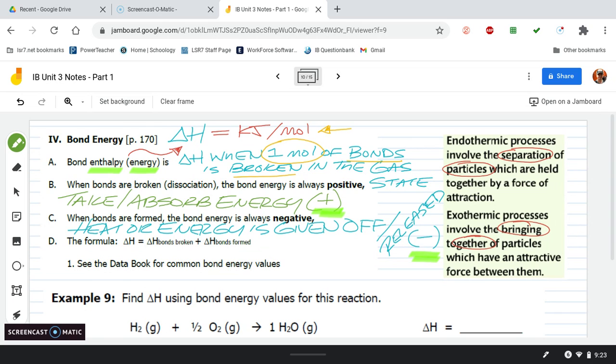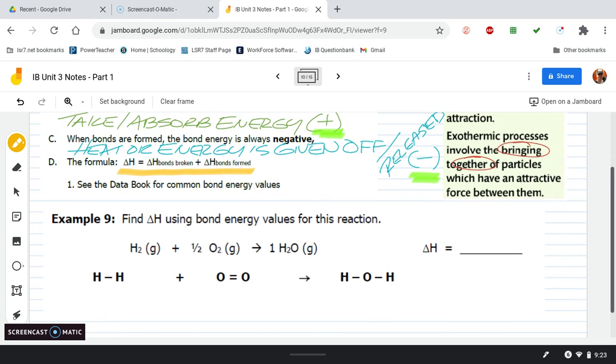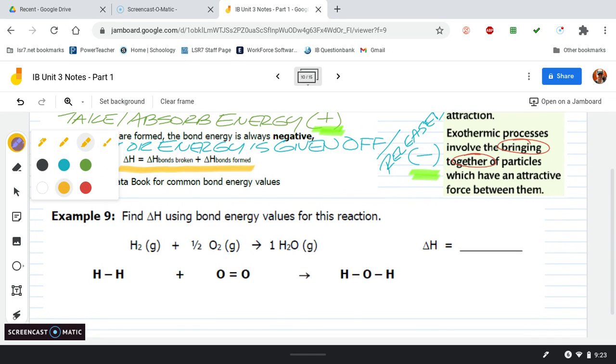Okay, so let's look at the formula here. It's really very simple, super easy. What the formula says is that delta H is the bonds you break plus the bonds you form. So you just add them all up. Now here's the hard part. You're going to have to look at some kind of data.